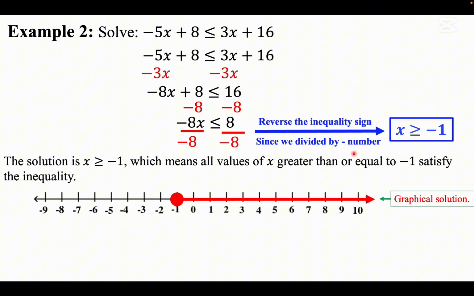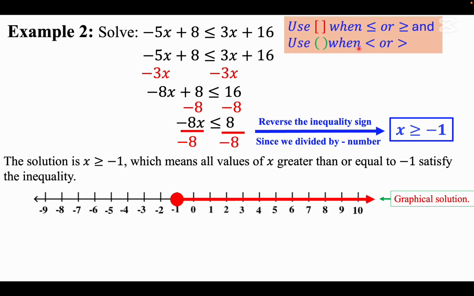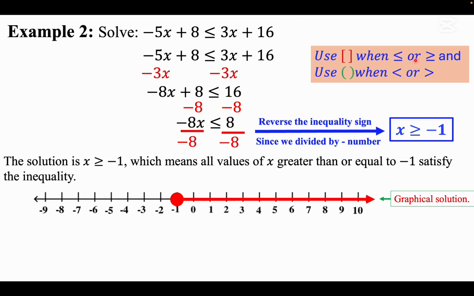In interval notation, remember, it says to use brackets when you have the less than or equal to or greater than or equal to, and that's what I have. So that means the starting point right here is going to have a bracket around -1, but infinity and negative infinity are always going to be parentheses because you can never reach these numbers.